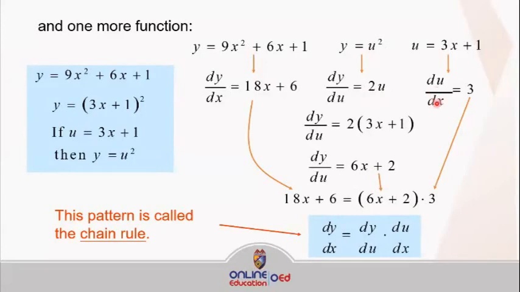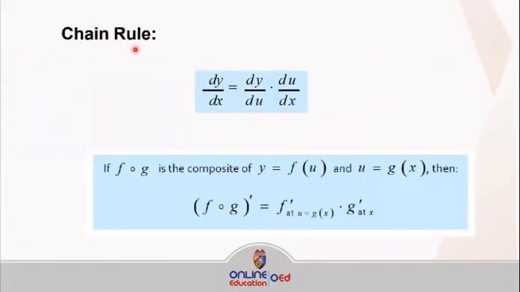And then for the du over dx natin is 3. So kapag minultiply natin siya dito sa value natin, magiging 18x and magiging 6. So equal lang din siya. Therefore, we have yung pattern as the chain rule natin, which is dy over dx is equal to dy over du times the du over dx.